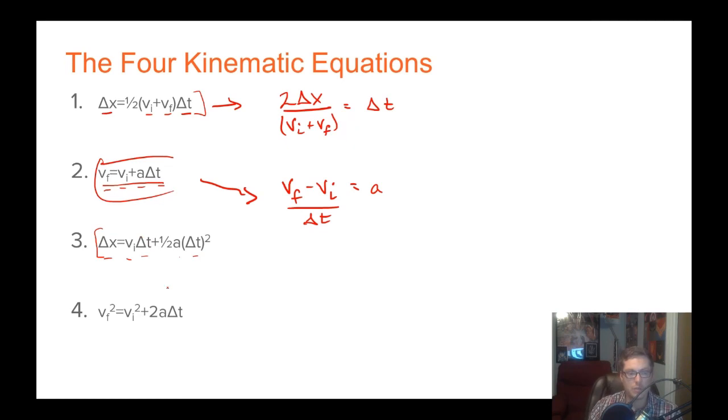We've got our time because we're measuring at each second that goes by. So the first time we run the equation, it will be with 1, then 2, then 3, then 4, then 5. Do we have acceleration? We do, because it's on Earth, and acceleration is equal to negative 9.81. Same with delta t.